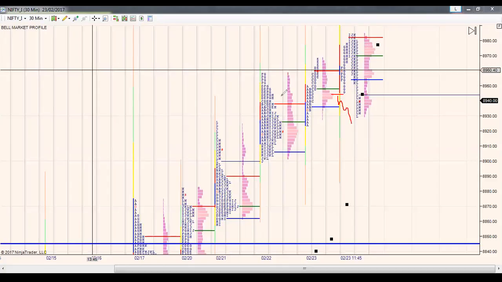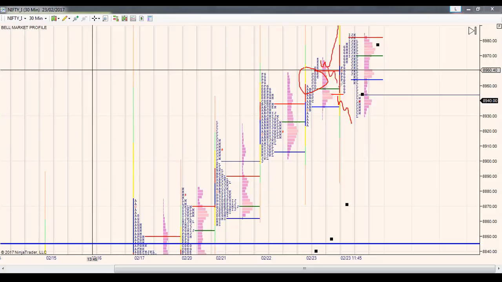And that was the sign which said that whatever activity was happening in this region was actually absorption. Now you might not get this kind of follow through like in F and early G period after this potential failed auction happened. Sometimes you just consolidate here for a while and immediately zoom higher. So that kind of action did not happen.